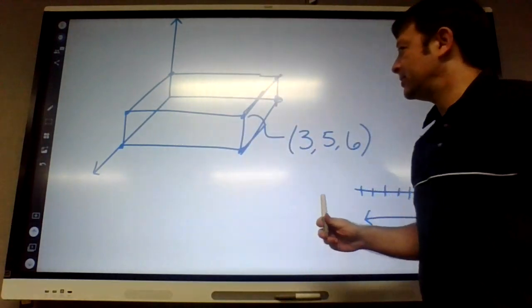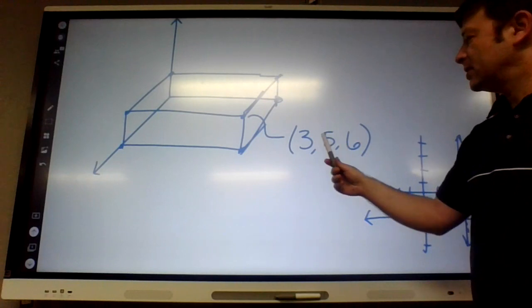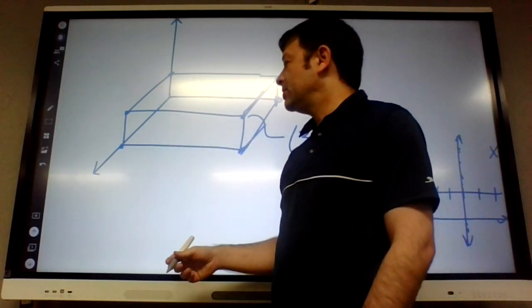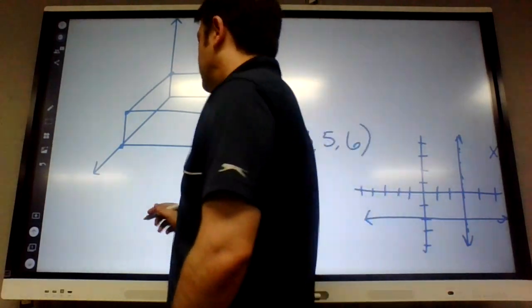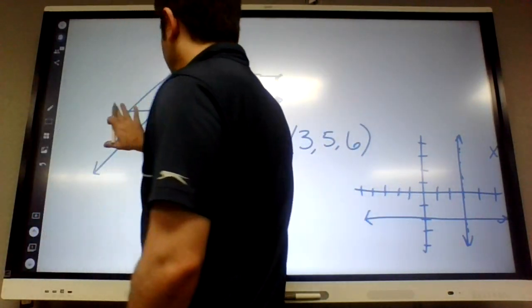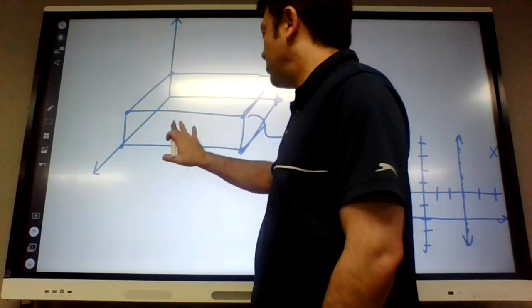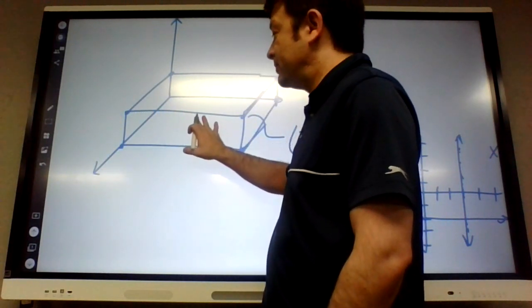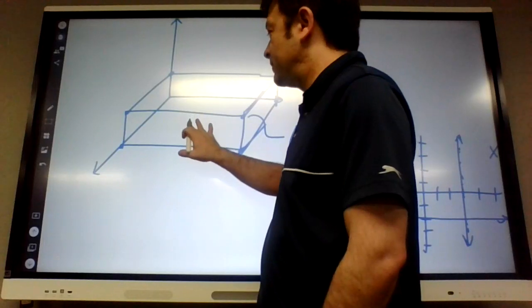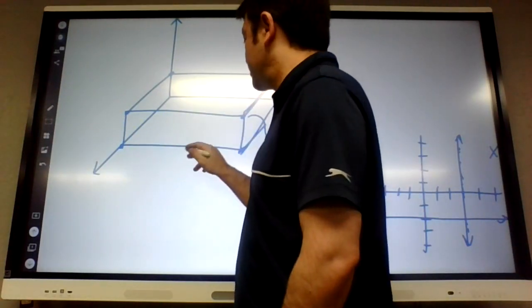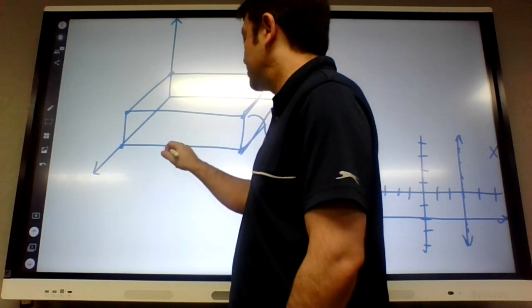Whatever. Okay. This 3 tells me the x-axis, so that's how far out it's supposed to be. So this plane on the front of the box is going through x equals 3, and all the points on the plane have a value of 3.